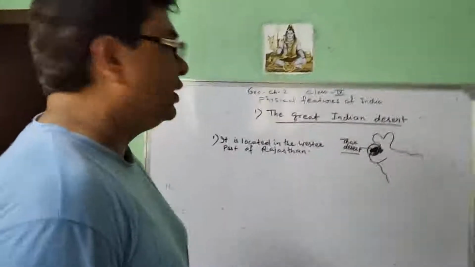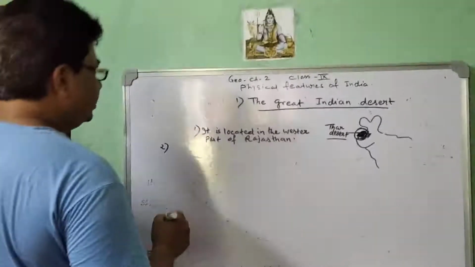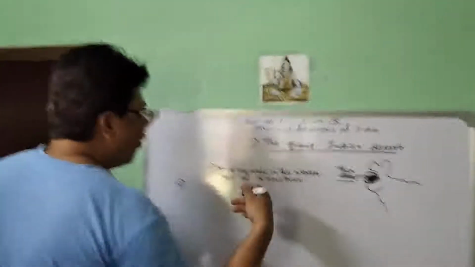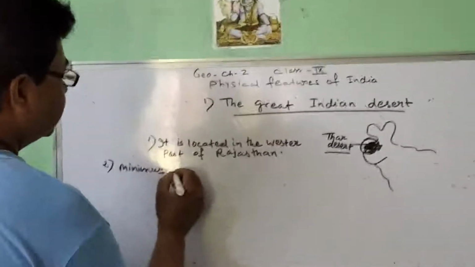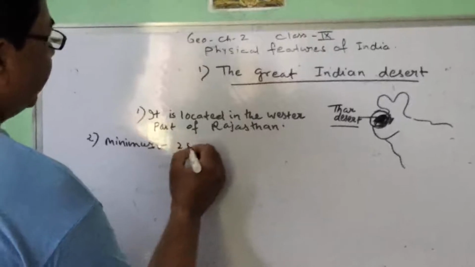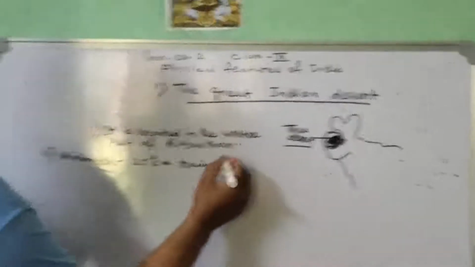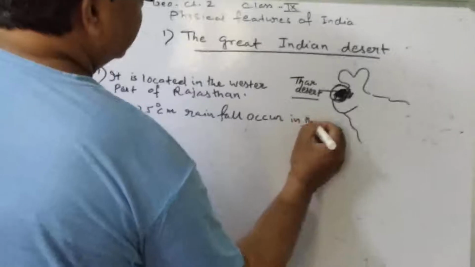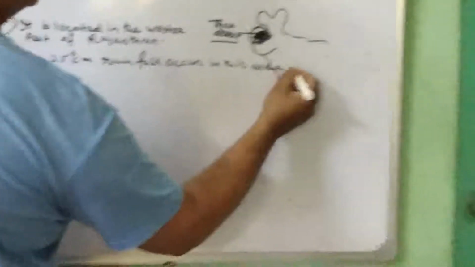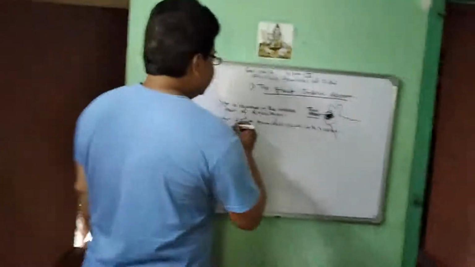Number 2, a minimum of 25 centimeter rainfall occurs in this area, nearly 200 millimeter rainfall. The scanty rainfall is there, so rainfall is very less in this region.